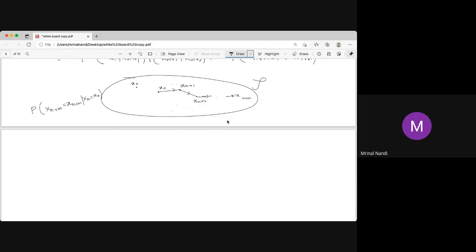That means we don't know where x_{n+1} is. So we need all possible routes to reach x_{n+m} in m steps, and we have to add all these probabilities. Here you need some graph theoretic idea: for all such paths of length m, add all these probabilities, and each path's probability is the product of the small segments.